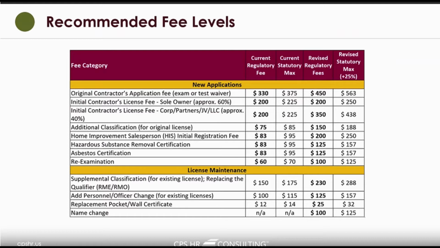So we're recommending that stay the same, particularly with the fact that their fees were just increased recently through that emergency regulation. Go down to the next line, initial contractor's license fee. Current regulatory fee is 200 right now. We're recommending that be raised to $350. So next slide.